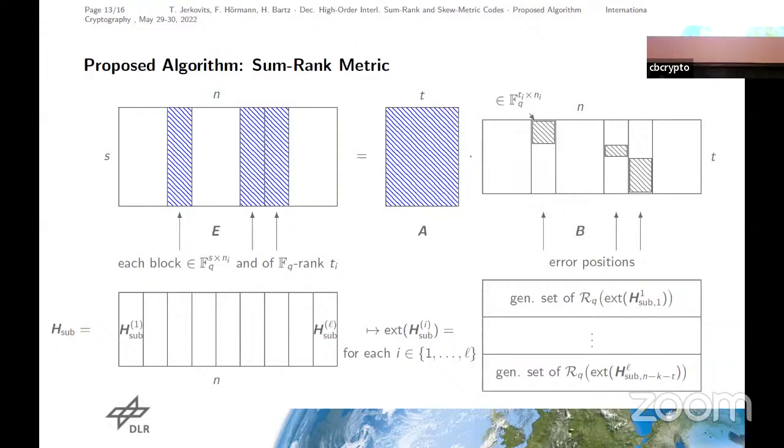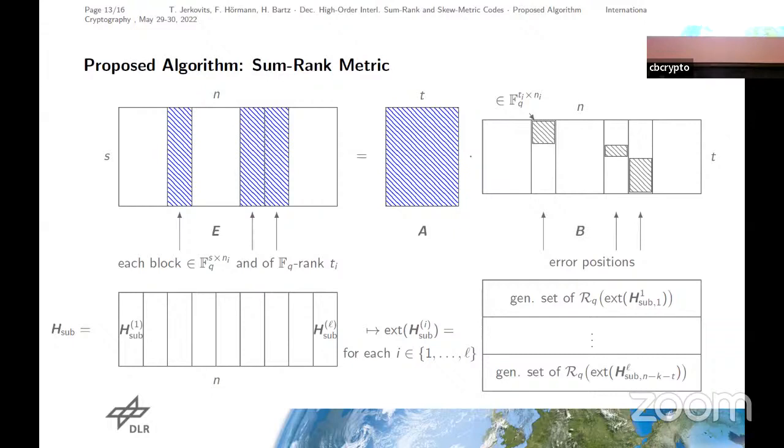And the decomposition looks also more general. So on the B side, we don't have unit vectors anymore, but we can have blocks whose size corresponds to the length partition and the partition of the error rows. And same, we can compute H sub, which also looks more general then.